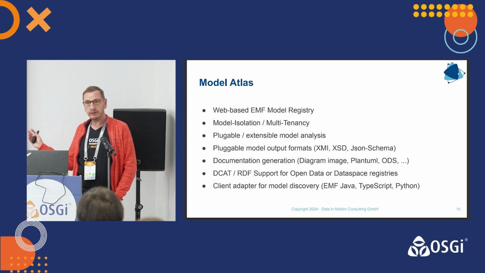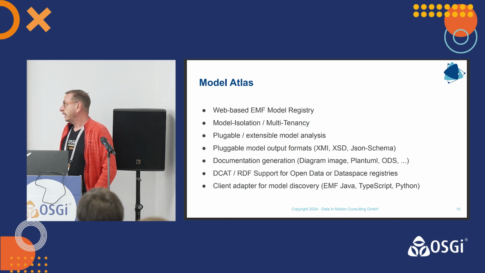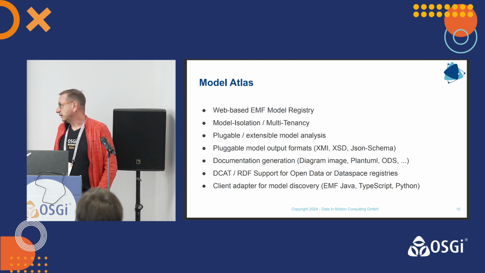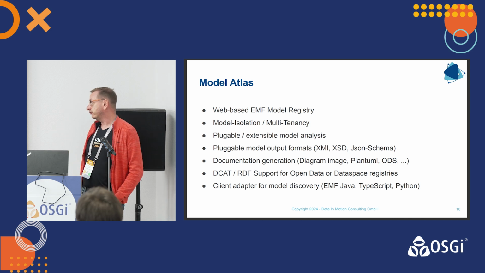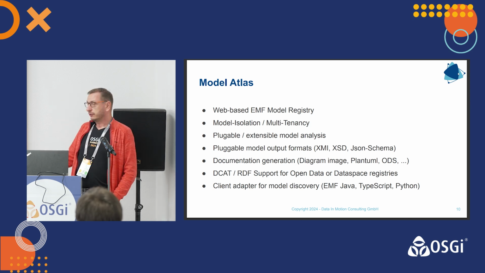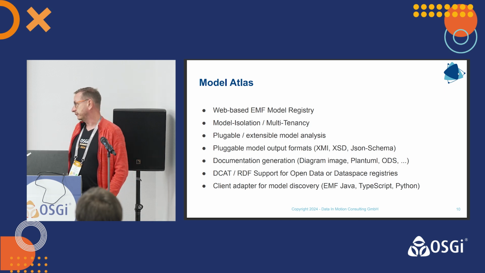Usually we use REST for the endpoints, and the default output format for such a model description is XMI, which is an XML dialect. But we can also provide outputs for XSD or JSON schema. Or we can create documentation, diagram images, PlantUML, or maybe a presentation, CSV-based or ODS-based, whatever.